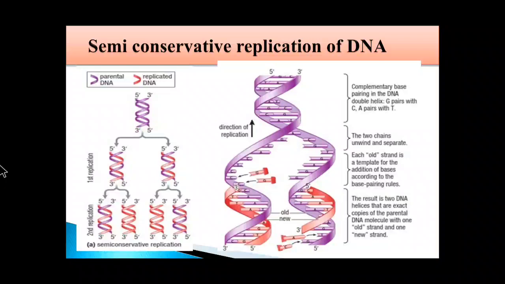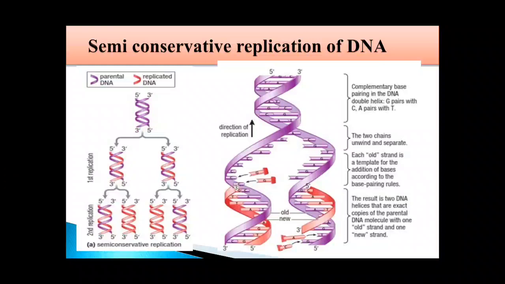The template and its complement then form a new DNA double strand identical to the original DNA molecule. The sequence of bases in the new strand can be easily predicted because these would be complementary to the bases present in the old strand. Means A will pair with T, T with A, C with G, or G with C.